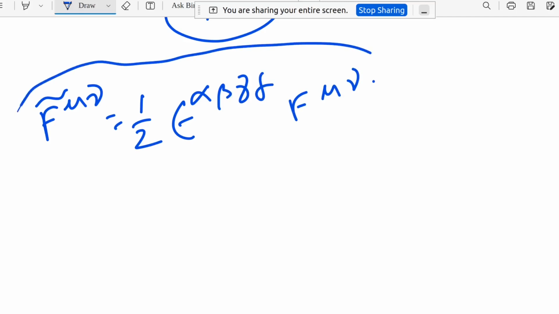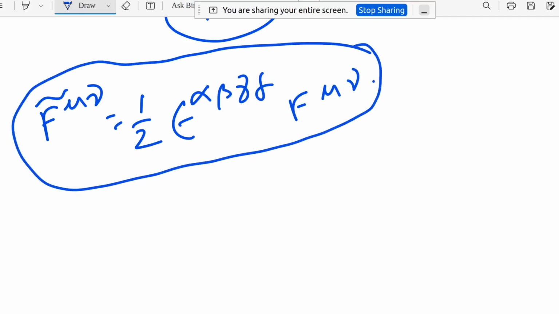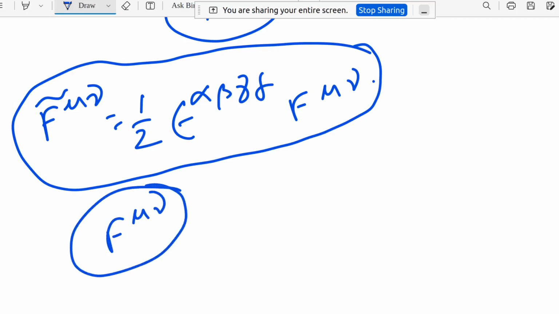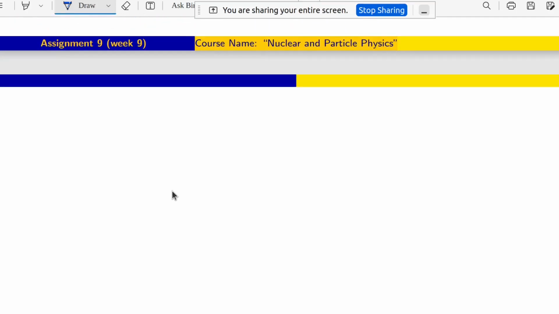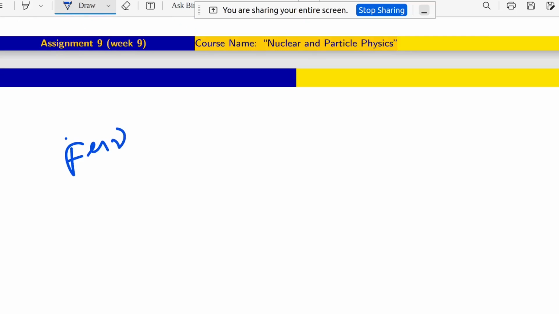So with the help of this expression we can construct the F mu nu tilde matrix, because we know the F mu nu matrix, right? I am not going to explicitly calculate all the terms of that F mu nu tilde. I am just going to write the final expression of F mu nu tilde.